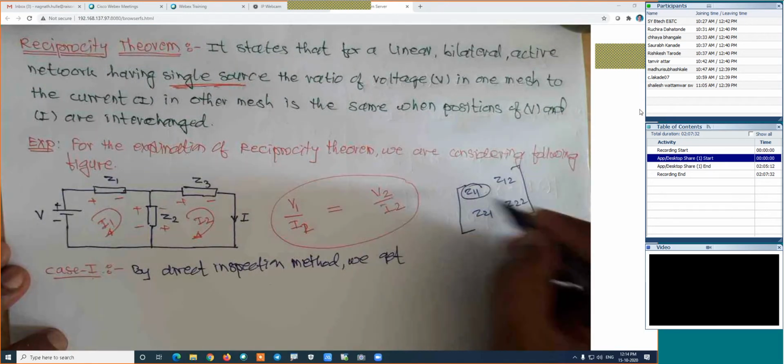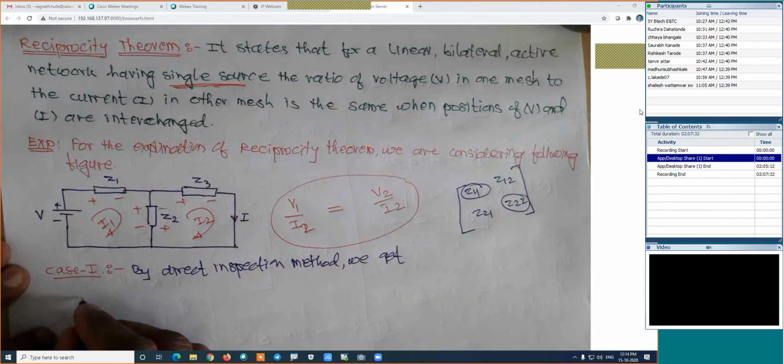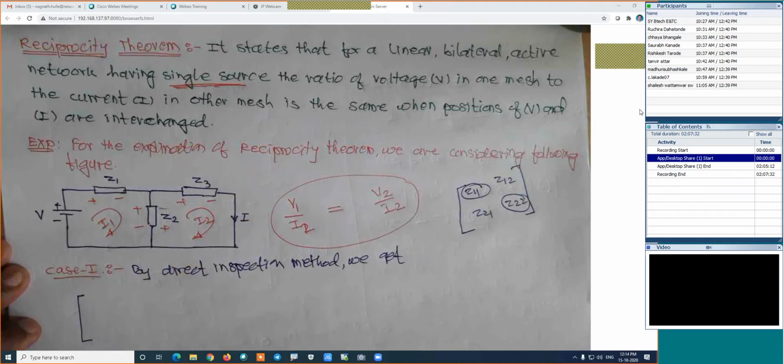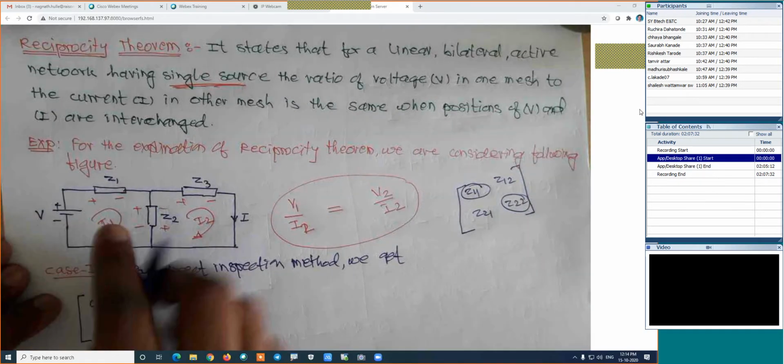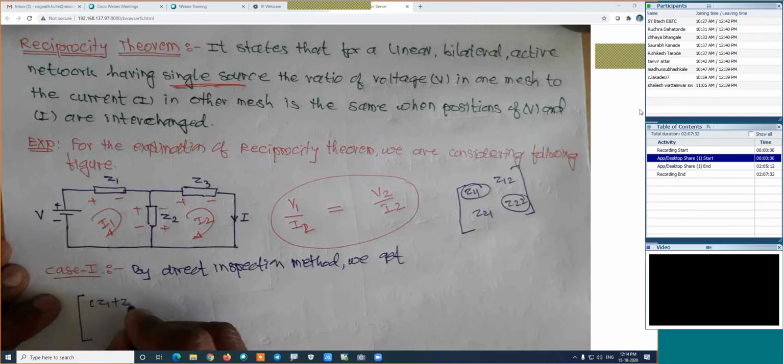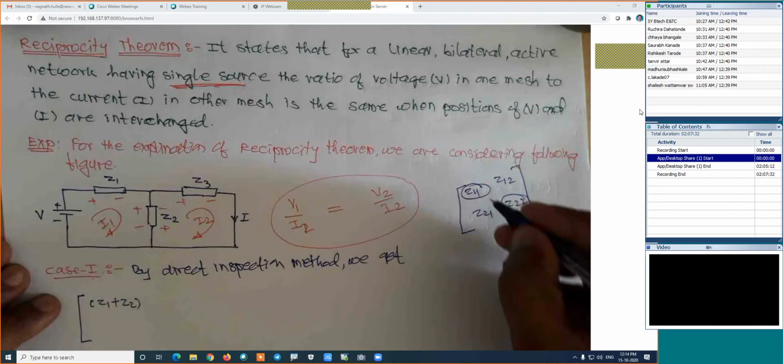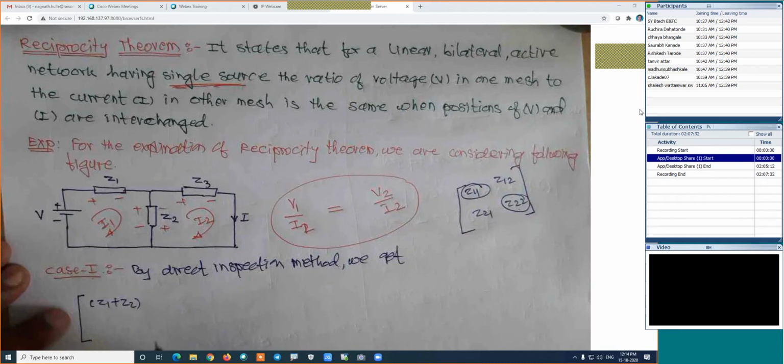First, we will find out these two values. What is the impedance of the first loop? Impedance of the first loop is Z1 plus Z2. This value. How is the impedance of the second loop? Z2 plus Z3 is the impedance of the second loop.